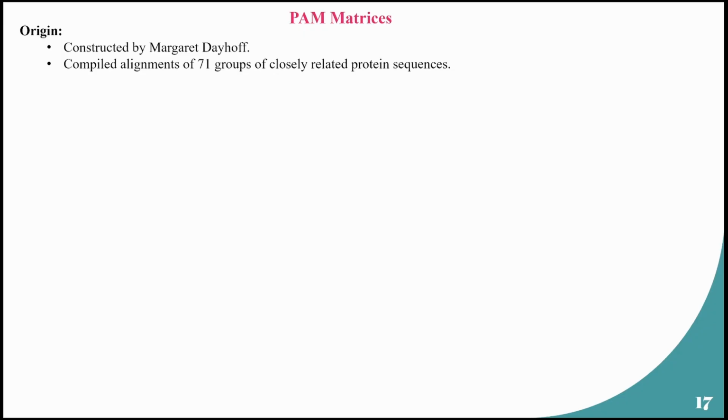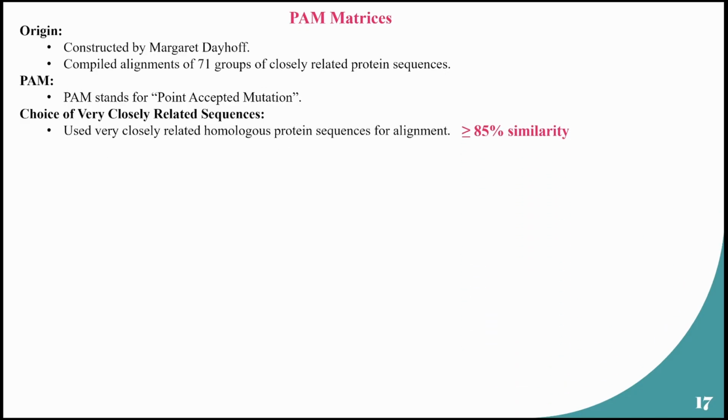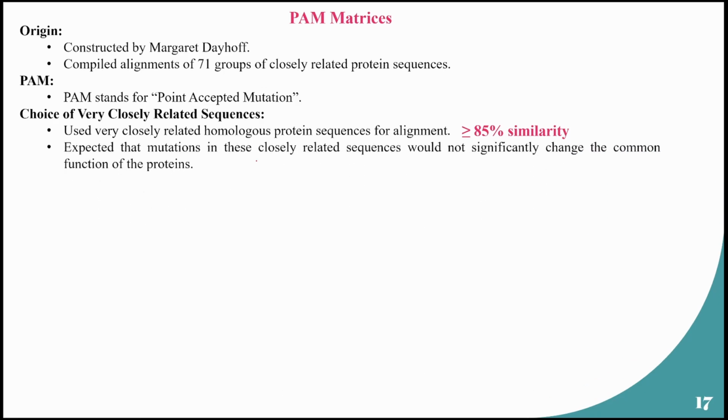And not only closely related sequences, they had a particular criterion. The criterion was that if the sequences had greater than or equal to 85% similarity, then those sets of homologous sequences were considered for construction of this matrix. Again, PAM stands for point accepted mutation, right?